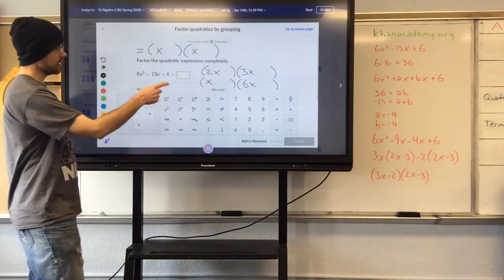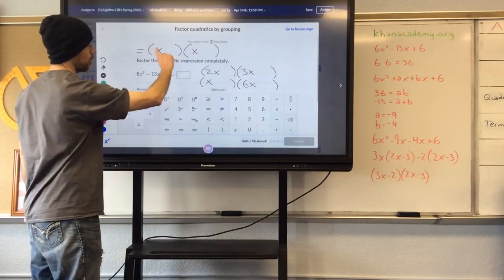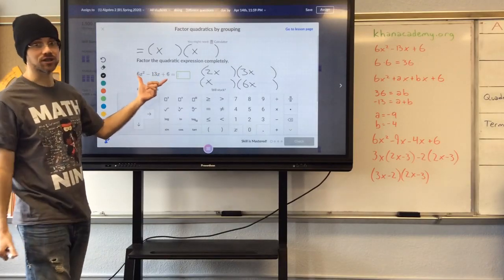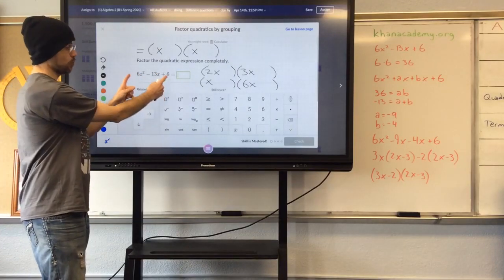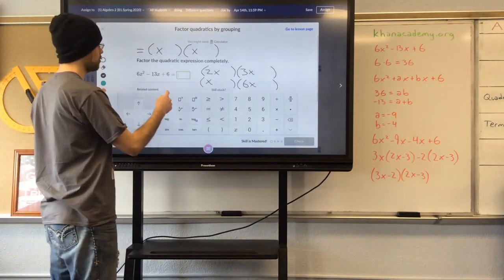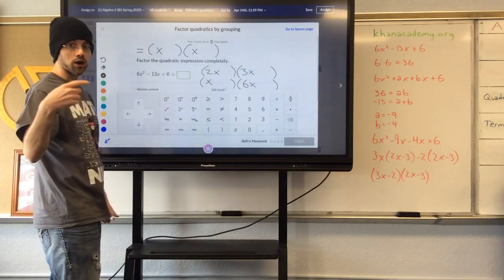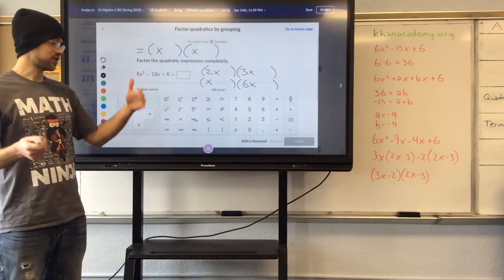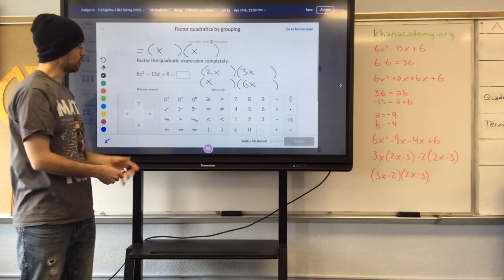So our second part of each binomial is also going to be factors of 6. It just is coincidental in this case that both of those constants are 6. But again, I have the option of a 1 and a 6, or a 2 and a 3. And I need to think about my sign. I'm going to get a positive number.